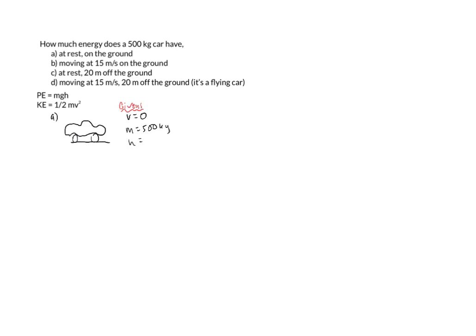H is equal to 0 meters. And G is, as always, 9.8 meters per second squared. For the sake of this video, I'm going to round G to 10 meters per second squared, just because it makes the math a lot easier to do.